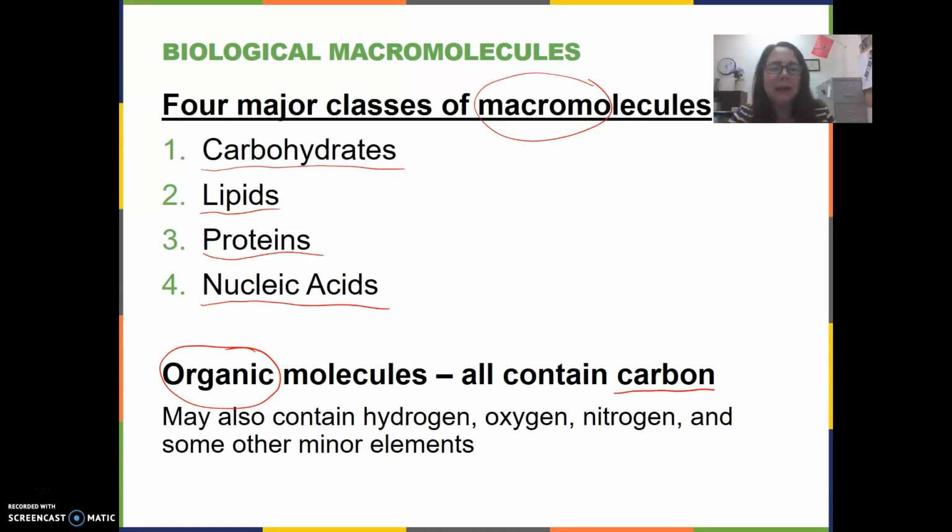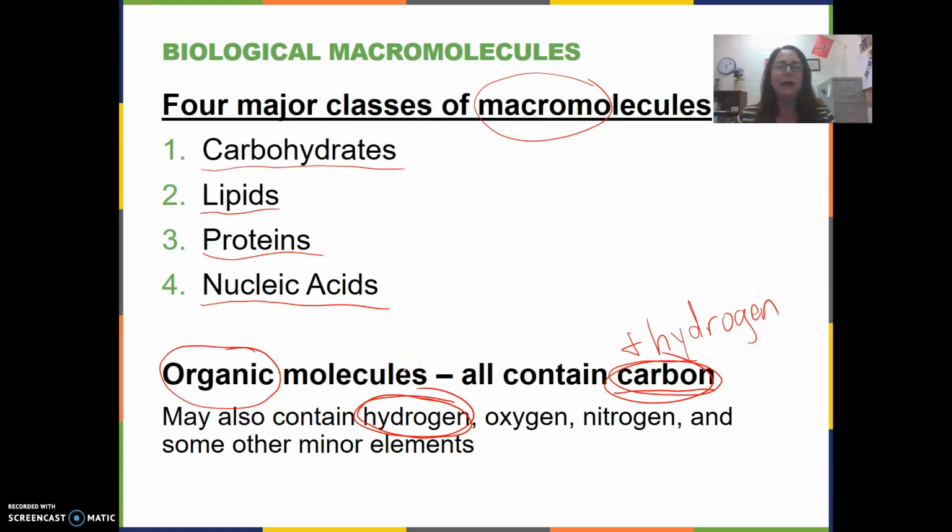They must contain both carbon and hydrogen, or they are not organic chemicals. I know it says down at the bottom they may also contain hydrogen, oxygen, nitrogen, and some other minor elements, but organic molecules always contain hydrogen and carbon. Always, always contain hydrogen and carbon.